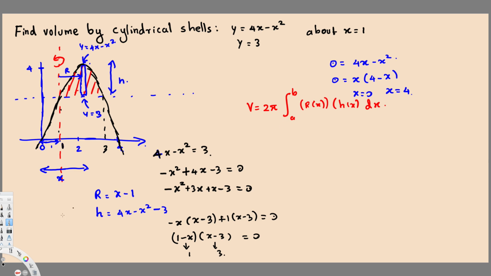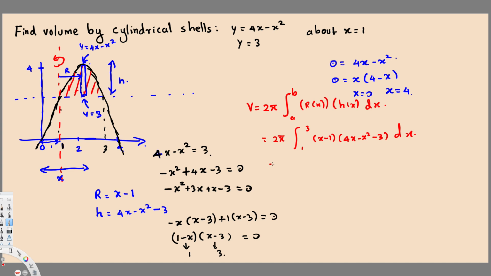Now let's go ahead and plug it in this equation. So this is 2 pi integral going from 1 to 3. The radius we found out is x minus 1. So this is going to be x minus 1, and then we have the height, that is 4x minus x squared minus 3 dx.